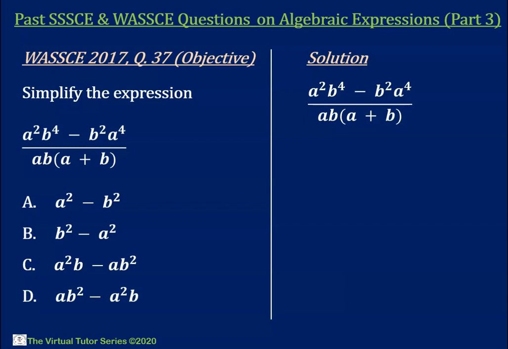The common factor of the numerator is a squared b squared. So we can bring the common factor out to have a squared b squared times (b squared minus a squared), all over ab times (a plus b).